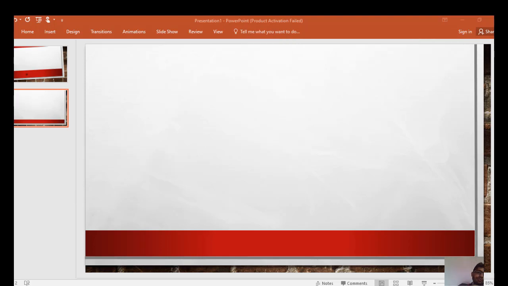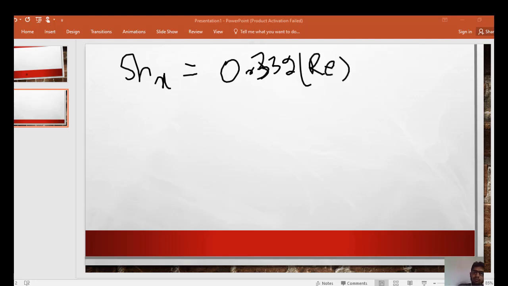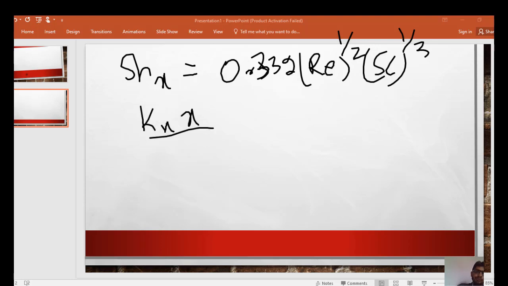Now the local Sherwood number is equal to 0.332 Reynolds number to the power 1 over 2, Schmidt number to the power 1 over 3. So again, the Sherwood number is Kx into X divided by DAB, and this is the constant.